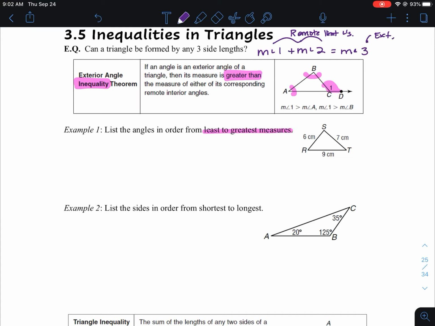If I look at my smallest side, 6 is my smallest side, so the angle that is the smallest is going to be across from that, the one that's opposite it. So angle T is going to be the smallest.